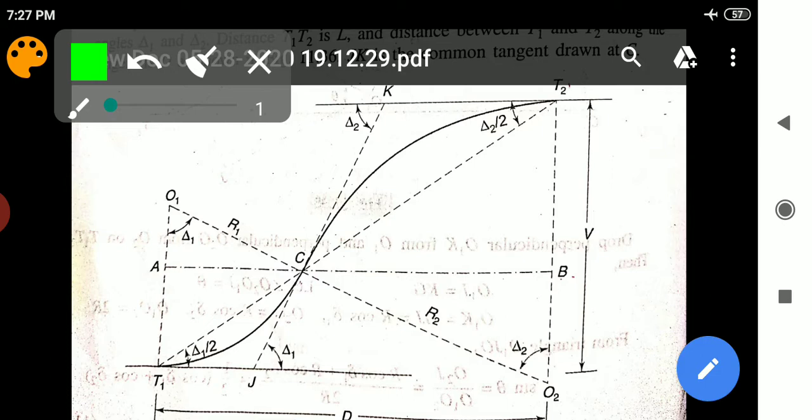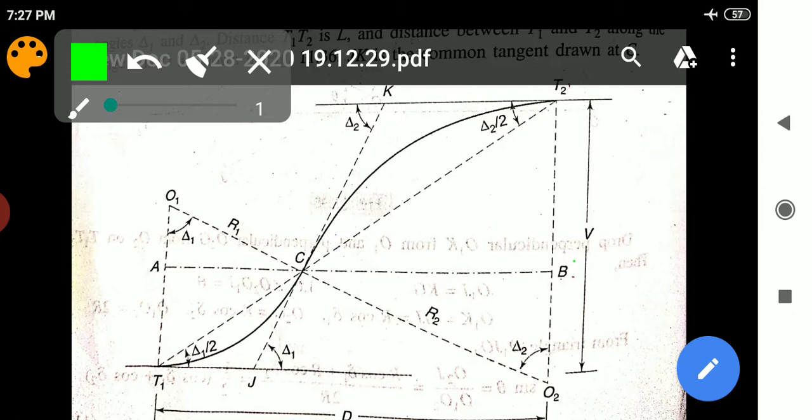These are also used on highways and railways designed for low speed. As far as possible, they should not be used on main highways and railways designed for high speed because of the following reasons. First reason is sudden changes of super elevation are needed from one edge to the other near the point of reverse curvature.